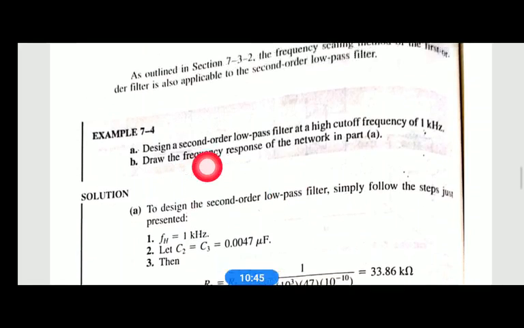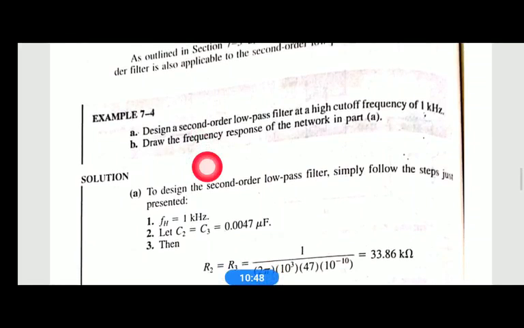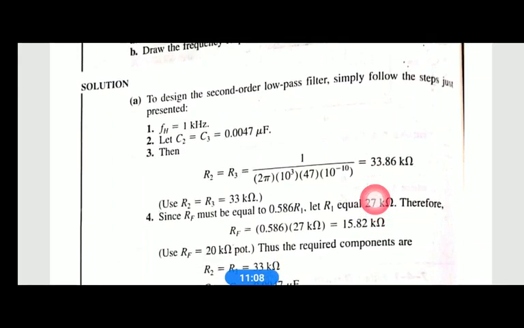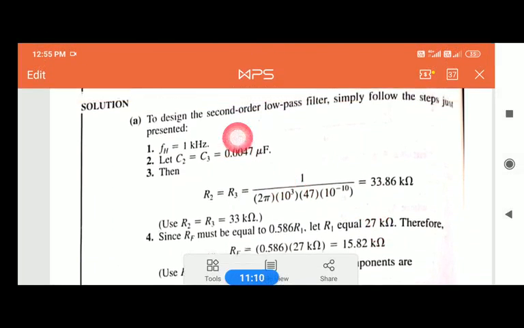So let's have an example here. Design a second order low pass filter at a high cutoff frequency of 1 kilohertz. And second, draw the frequency response for the network in part A. So first we calculate, then we draw the frequency response. To design, we have seen the steps.